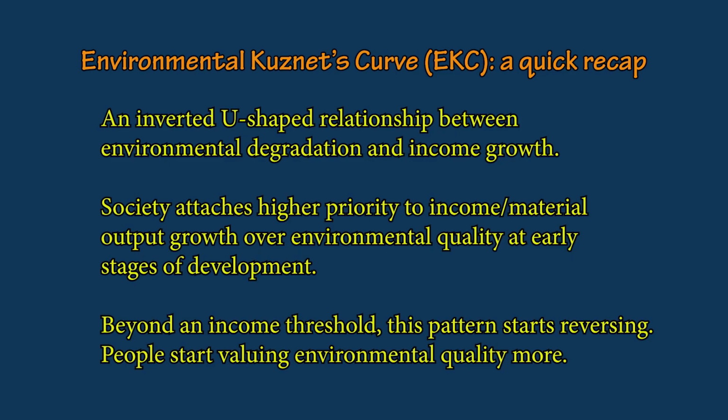It happens because society attaches higher priority to income and material output growth towards the initial phase of economic growth, and only after attaining a certain level of income, the society starts attaching more and more importance to the environmental quality they are living in.